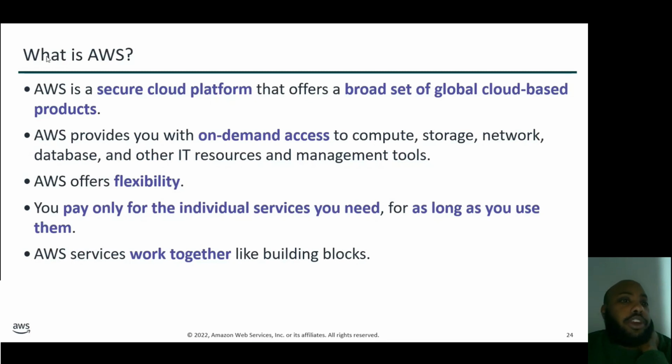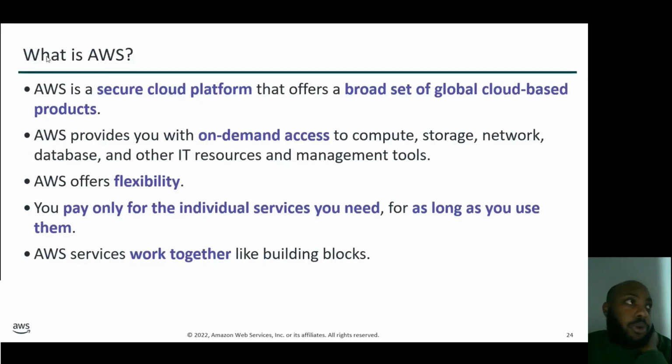We talked about it giving us on-demand access, because we said the payment plan is pay as you go. That's what it means to have on-demand access to computing power, storage, networking, databases, and everything we saw in the previous slides.